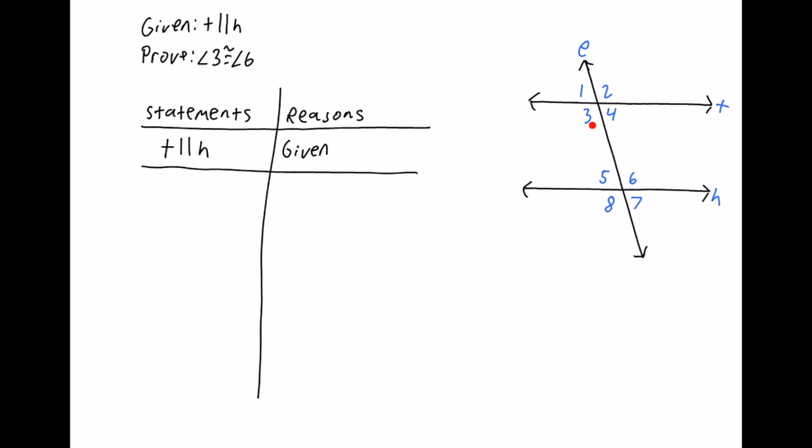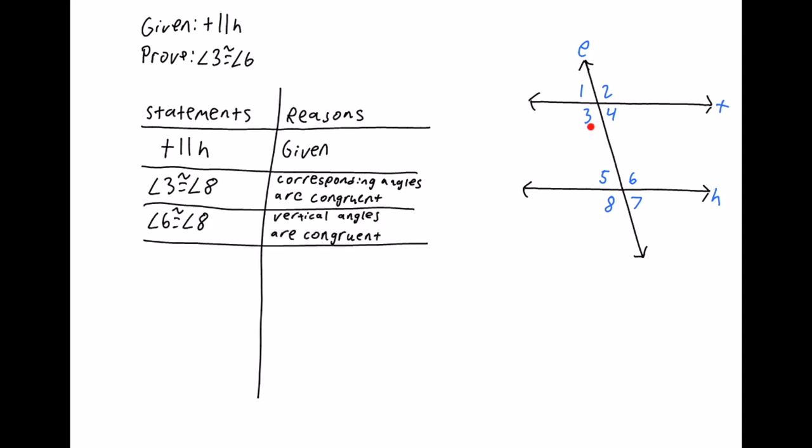So angle 3 and angle 8, these two are congruent, and the reason for that is because they're corresponding angles. Then from there, we have angle 8 and angle 6 are also congruent because they're vertical angles.